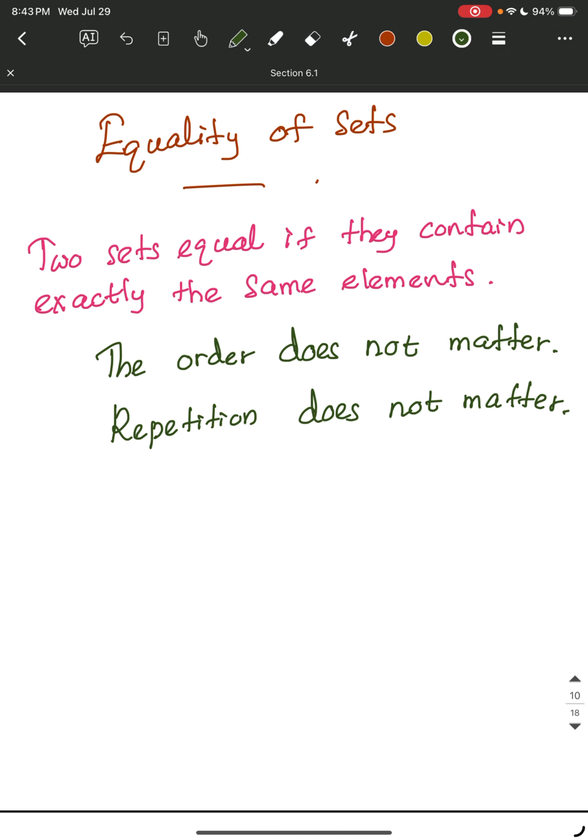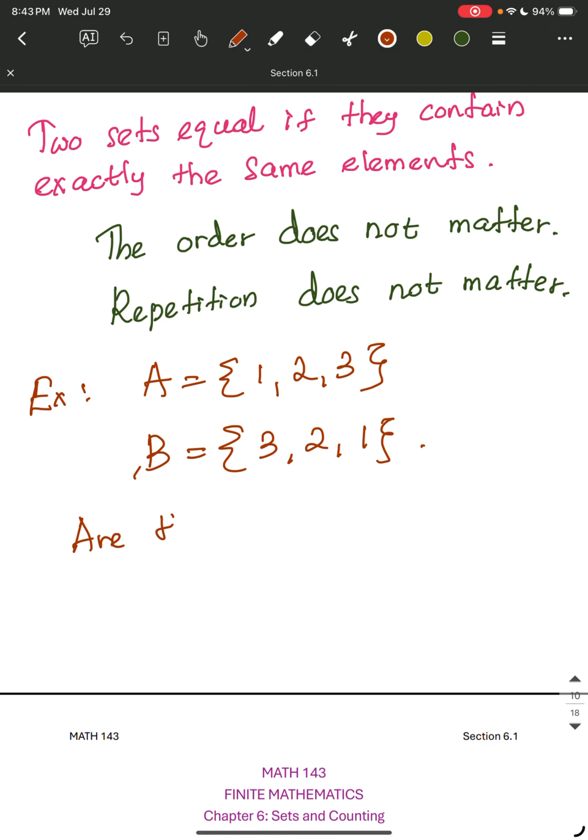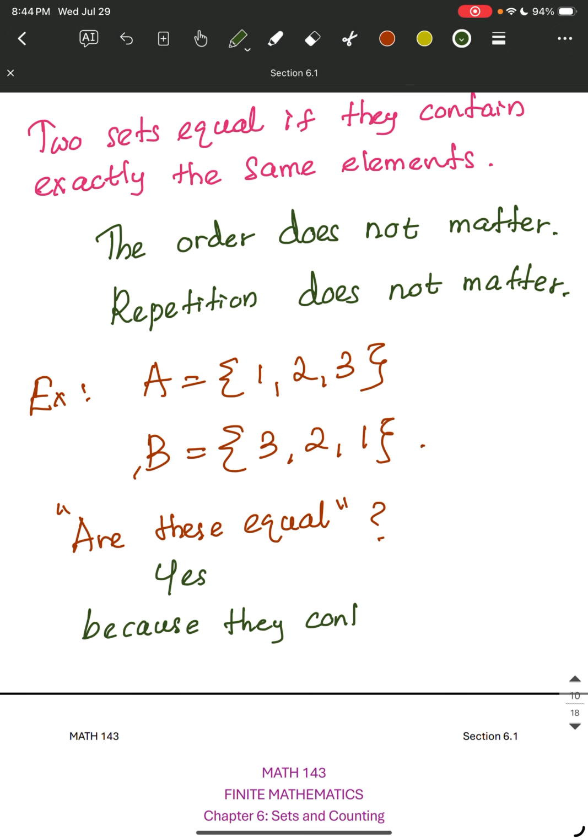Let's see the example. Set A is 1, 2, 3. Set B is 3, 2, 1. Are these equal? Yes, because they contain exactly the same elements. Okay, now compare set A, 1, 2, 3 and set B, 1, 2, 4.